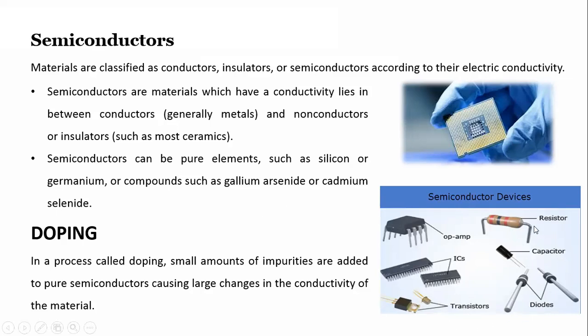Why don't we use conducting materials directly for those electronic devices? The reason is that their electrical conduction is very high. If you use conducting material directly, like silver, copper, or brass, in these small devices, there are chances of burning up those devices due to the immense conduction.